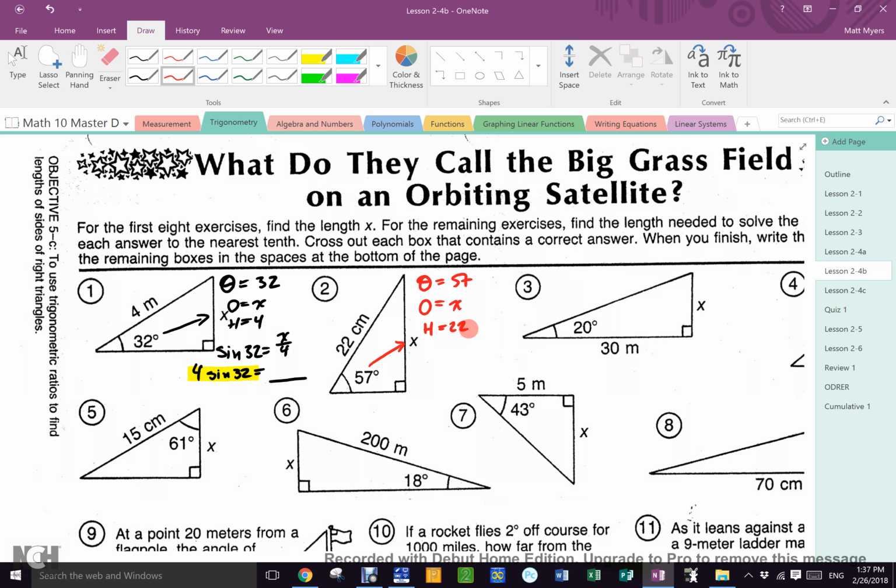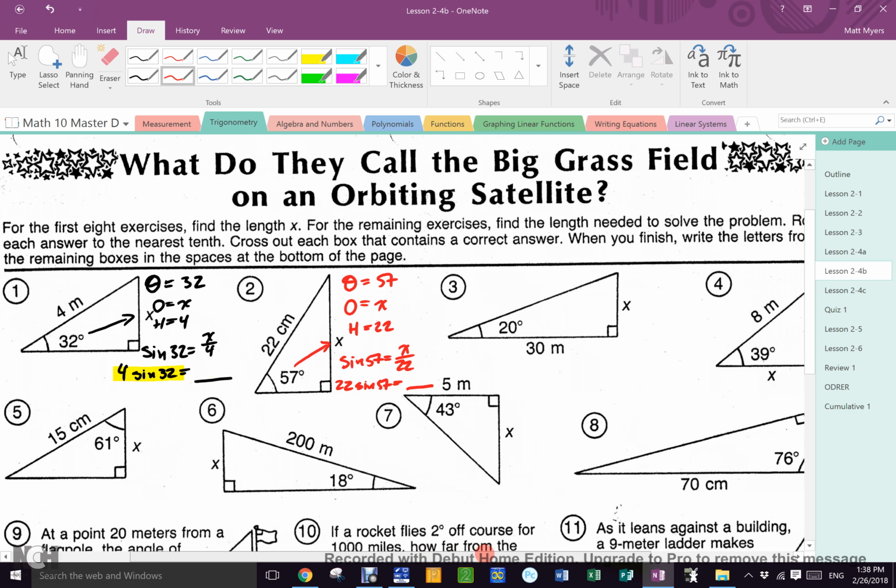Mr. Myers, I'm having trouble with trig. I know, kid. For some reason, I keep running SOHCAHTOA. So sine of 57 equals x over 22. What's the trig that I do? 22 sine 57 equals. And I get my answer.